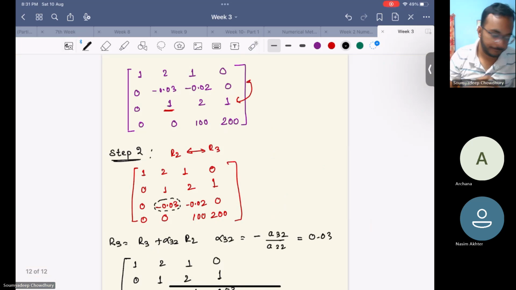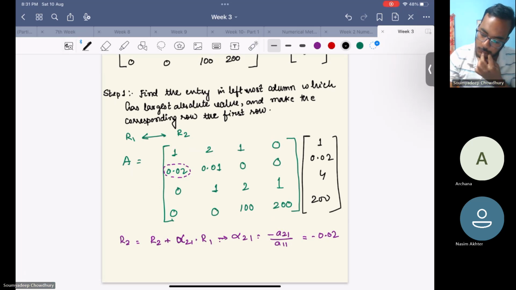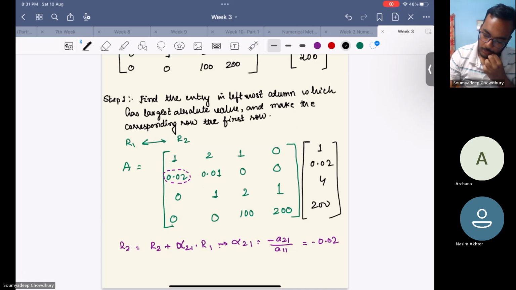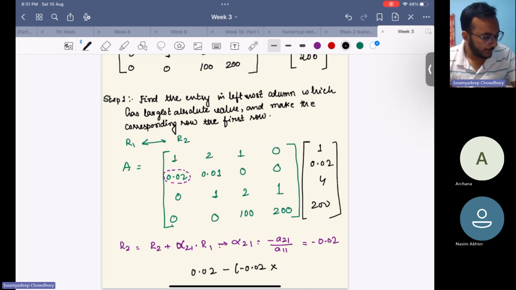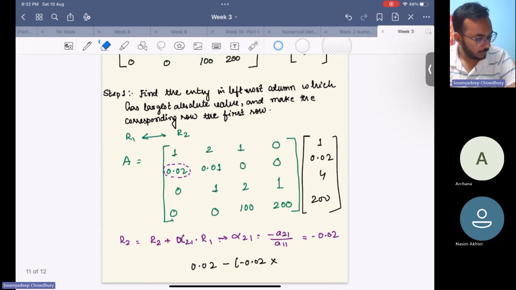Here, which one did we do? We changed R2 equal to 0.02 minus of minus 0.02 into R1. One second, I did some mistake. We did 0.02 for 200, then we did this one. 1.4.